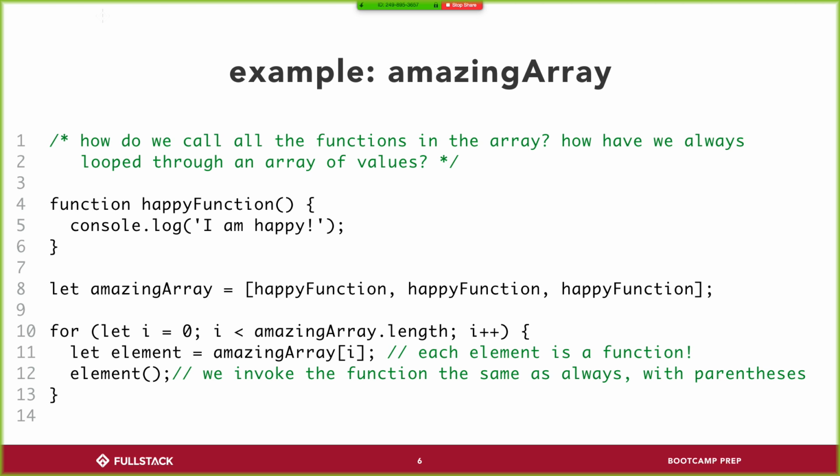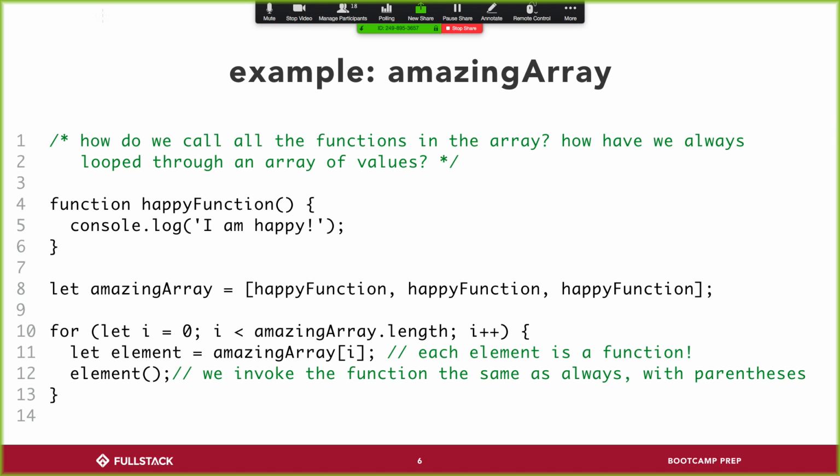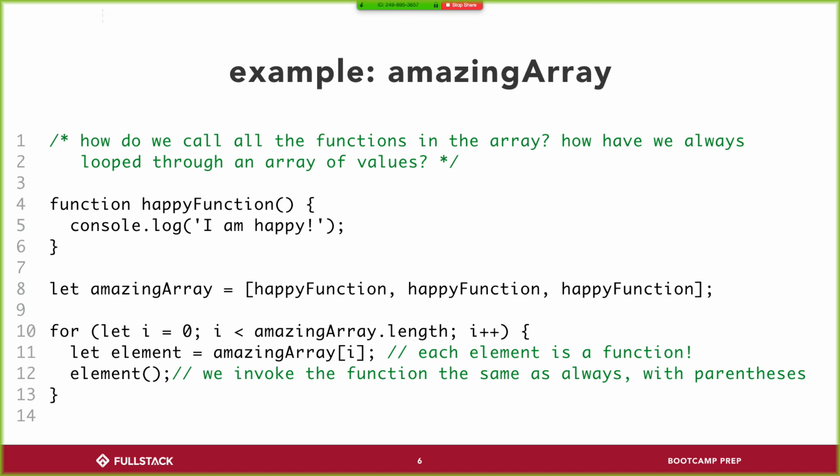So does anybody have any guesses as to what this will output to the console? We're basically storing functions in an array, and then we're accessing those functions, and then we're invoking them. So what would this log to the console? Basically, just calling the function.